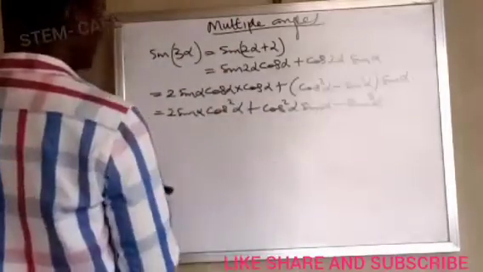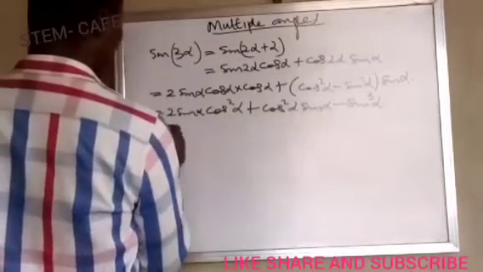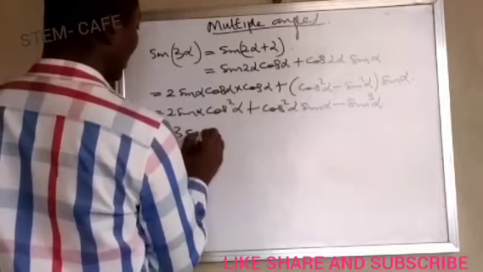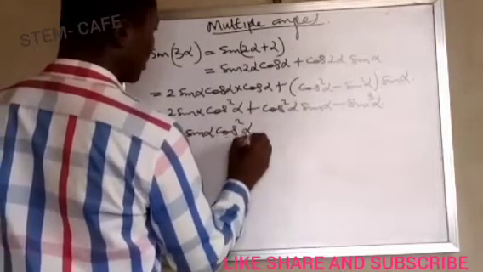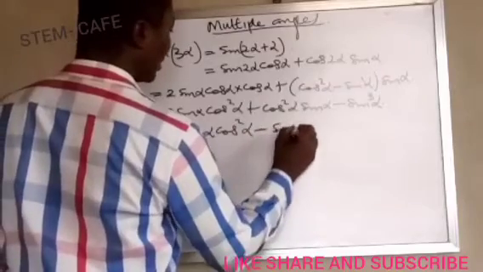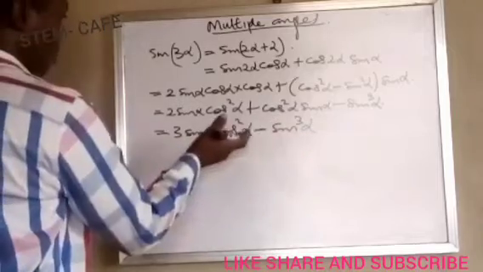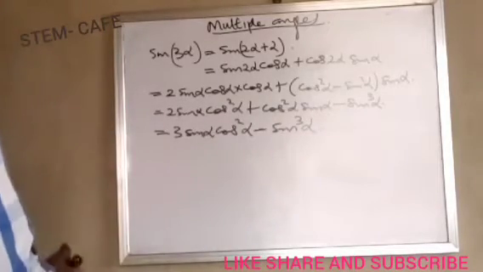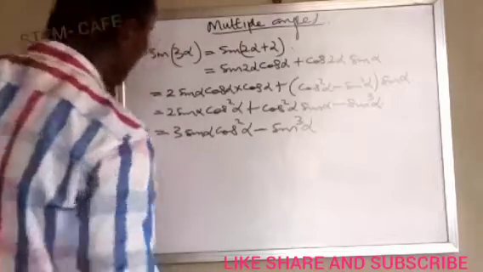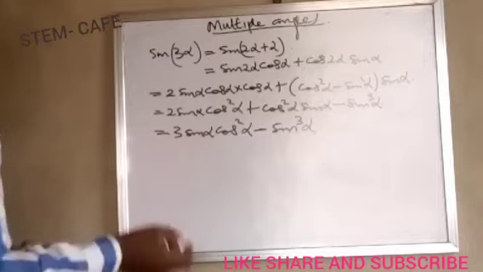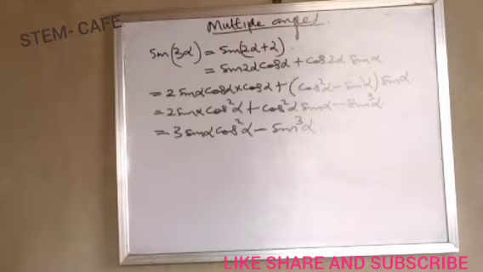Now, working everything out, this one and this one look the same, so I'm going to have 3 sin alpha cos square alpha minus sin cube alpha. I can still factorize or expand this one to have some similarity with this. So you can work out as many multiples of angles as possible: cos 3 alpha, cos 4 alpha, tan 3 alpha, sin 4 alpha. This is just to show you how to find multiple angle trigonometric ratios.